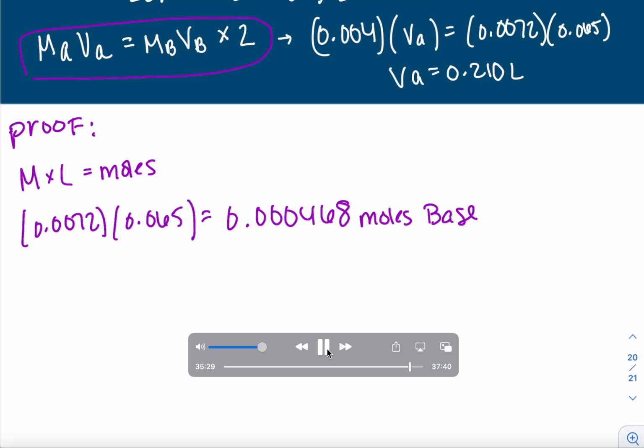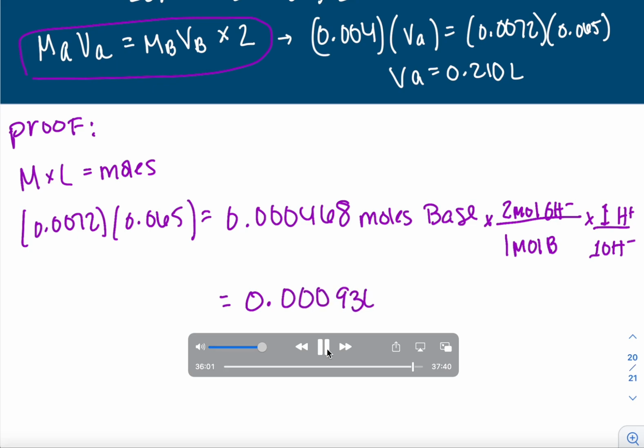Now we take that moles of base, for every 1 mole of base, we get 2 moles of OH, right? And for every 1 OH minus, we need 1 H plus to neutralize it. So that is going to give us this for the number of moles of acid we need to neutralize, okay?